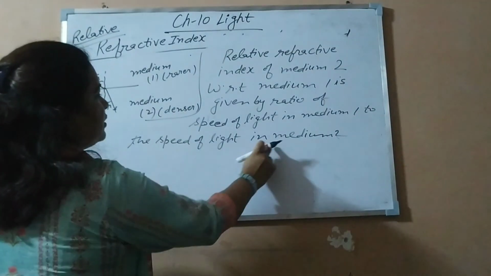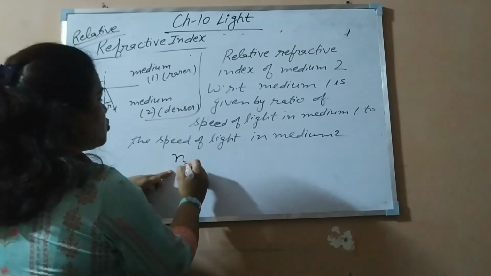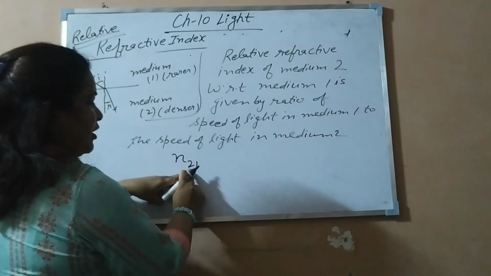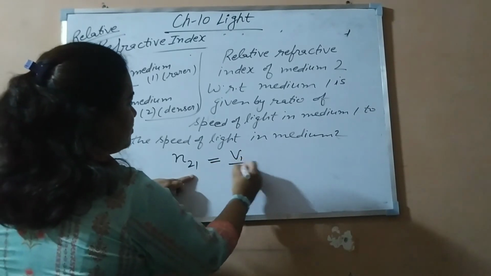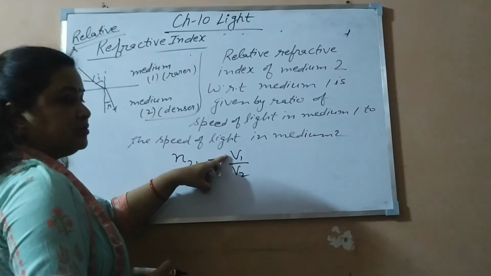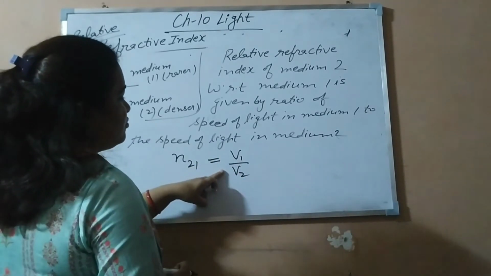So how do we write it? N21, the refractive index of medium 2 with respect to 1, is equal to V1 by V2. What is V1? Speed of light in medium 1, to the speed of light in medium 2.